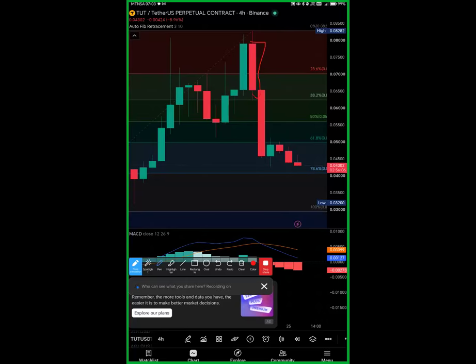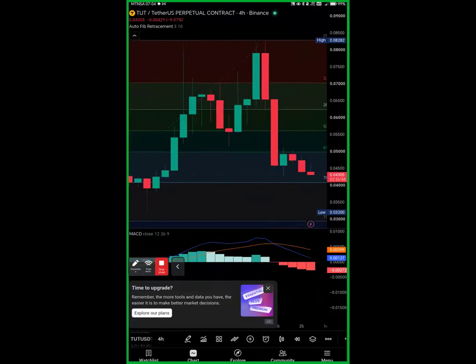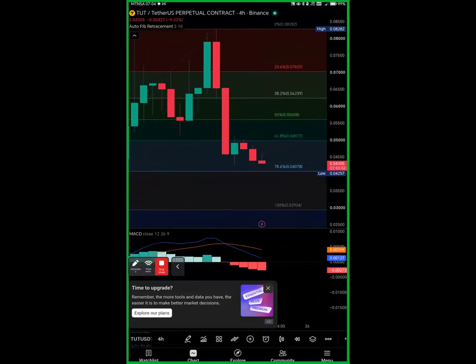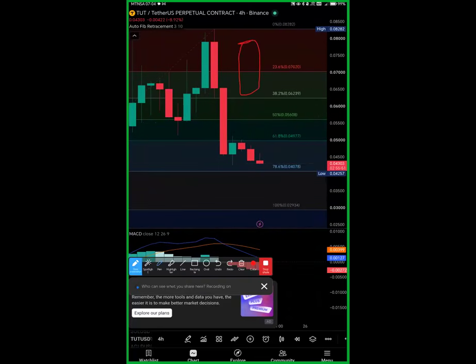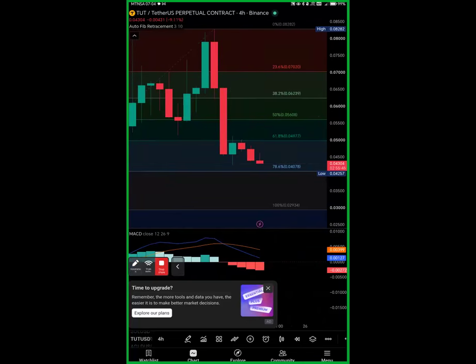Buyers were surprised by sellers over there. As you can see, the next candle is almost the same size as the other one. And then you see after this happened, what was the direction of the market? Then we are able to see that the market is now showing us this type of movement to the downside.